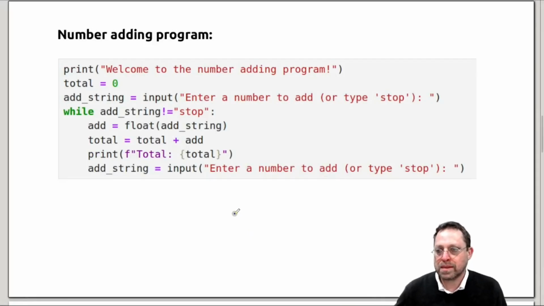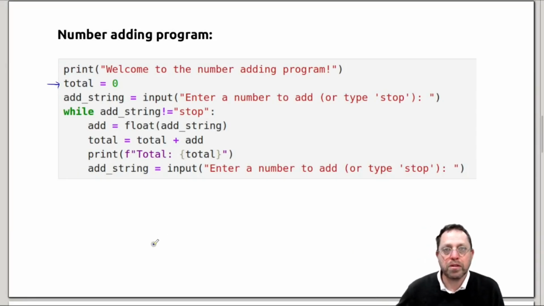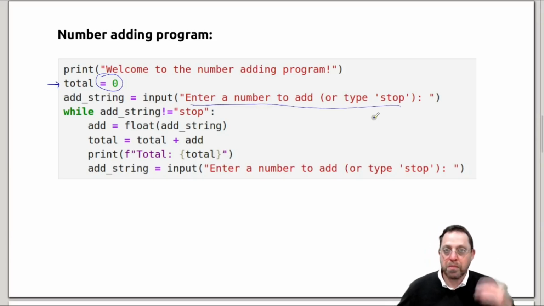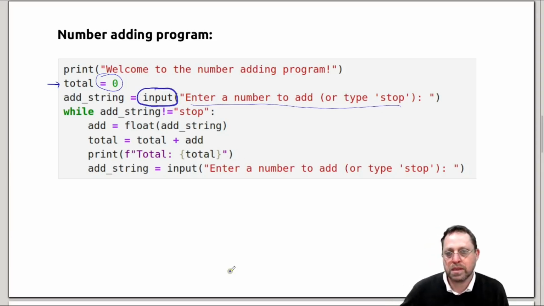Following the welcome message, the program then defines a variable called total that it's going to use to track the sum of the numbers. And so it initializes that variable to 0. Then it's going to prompt the user to enter the first of the numbers in the sum. And it does that with this built-in method called input.